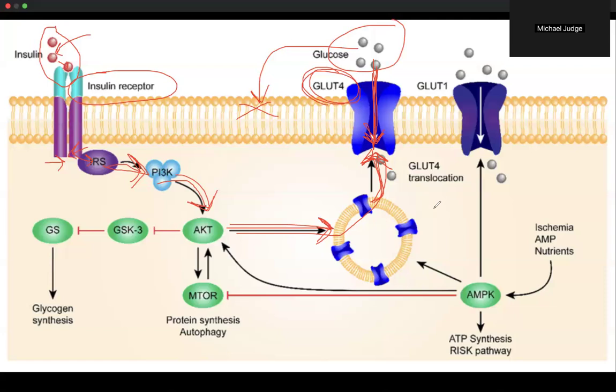Genetics make sure that the right shapes are built, especially shapes that are protein-based. And those shapes then execute these functions of facilitating certain movements, certain changes, certain interactions between the molecules in the system.